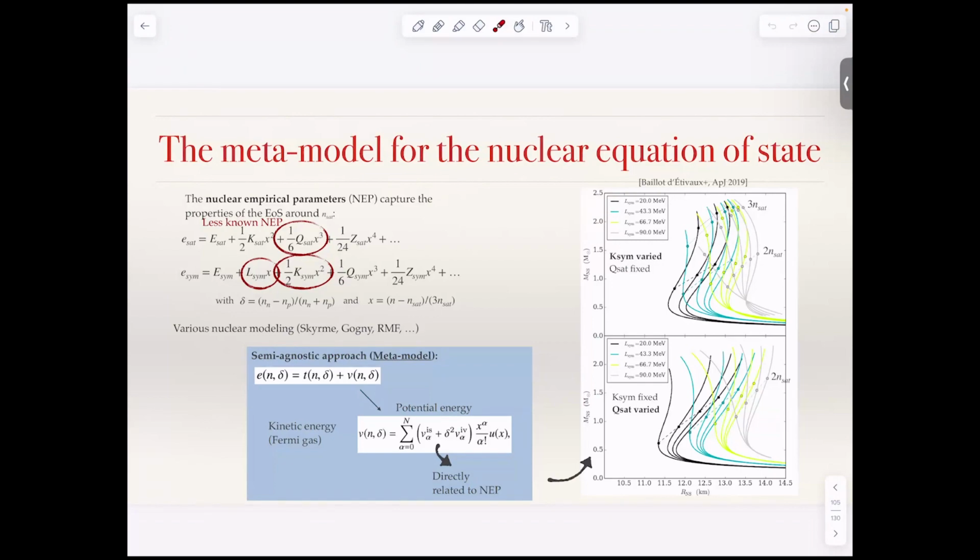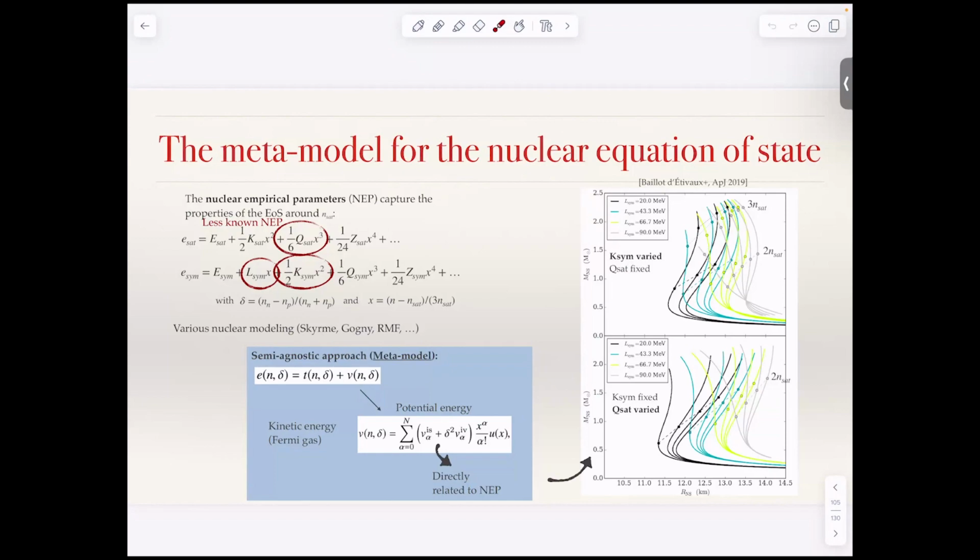You have the microscopic and you have the purely agnostic. And the meta model is a kind of emulator of the microscopic model. So it is not an agnostic approach because you know the composition of matter.